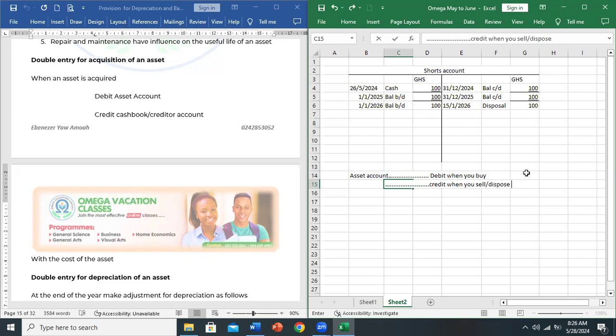In both cases, what amount do you use? You use the cost of the asset, and that's very important. The cost of the asset is what you use in both cases. Please, does it make sense to you?